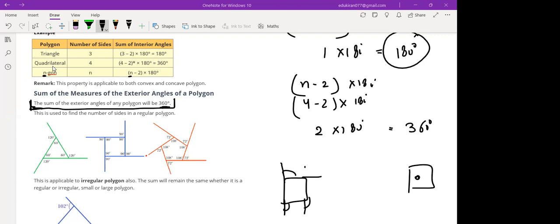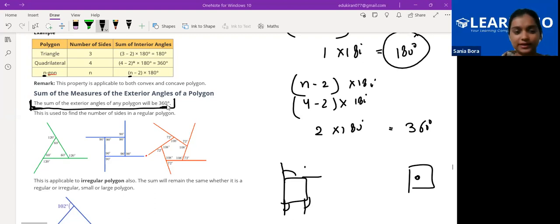Ma'am, done. Until 360, right? Yes, till 360 only you will write. And then you will write, this is applicable to irregular polygons also. The sum will remain the same whether it is regular or irregular. So you will also write this statement.